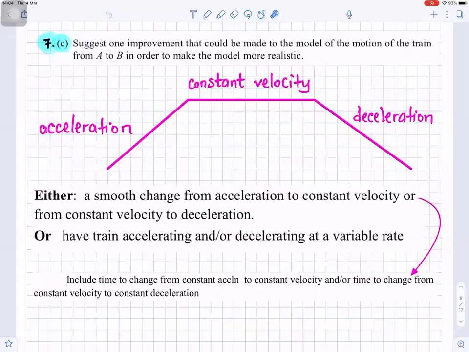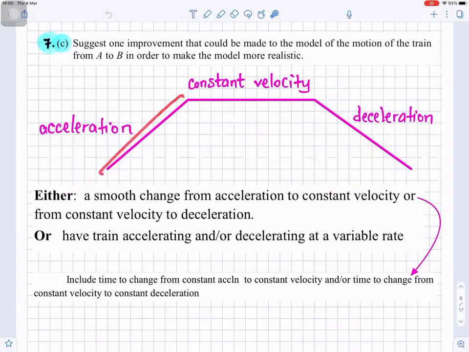Question 7C. Suggest one improvement that could be made to the model of the motion of the train from A to B in order to make the model more realistic. So your acceleration to constant velocity, then to deceleration.